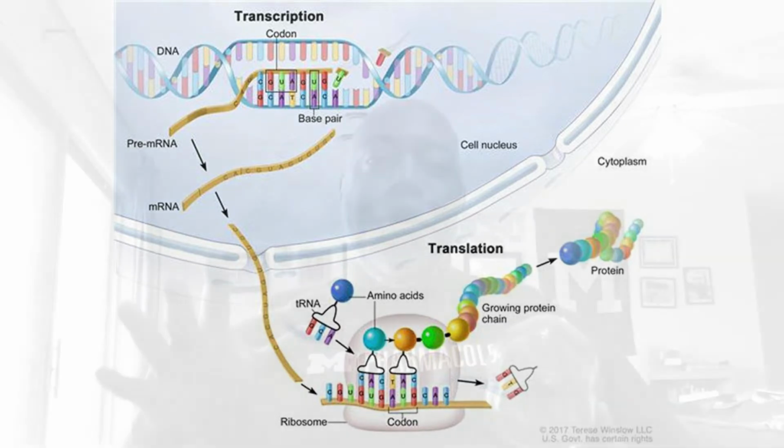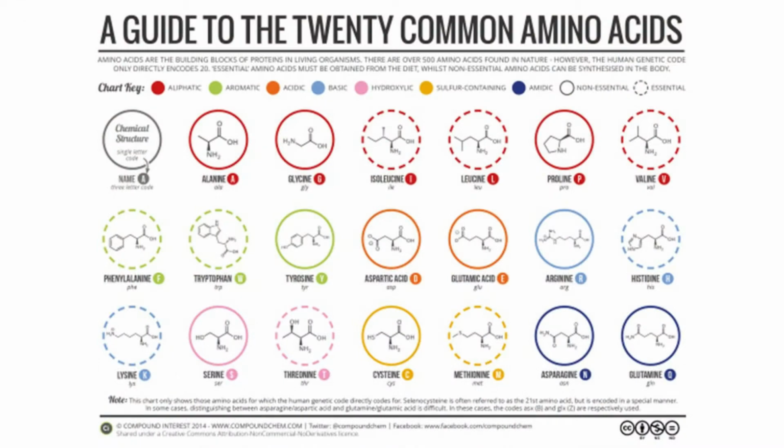So now I'm going to come back to proteins and what they do and why they're important. But now I'm going to go back and talk about what the proteins are made of. So our proteins are made of little pieces called amino acids. There are actually 21 amino acids, and those amino acids are used to make proteins.